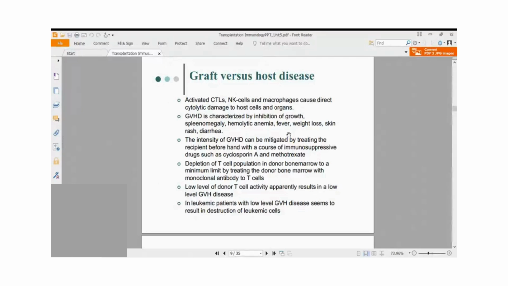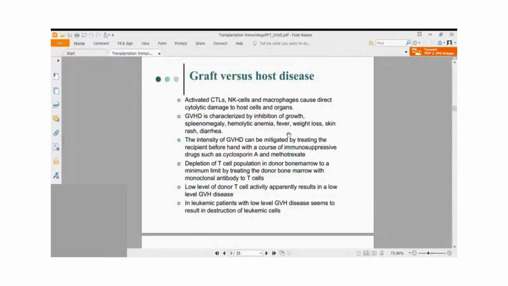Because even if you say that the person was completely immunocompromised by radiation, by destroying the bone marrow, by giving the chemotherapeutic drug, can you assure that the person has lost all the immune cells of his bone marrow? Can you assure that there is no small residual bone marrow in him, which is alive, which did not go through the radiation or which did not experience chemotherapeutic drug toxicity?